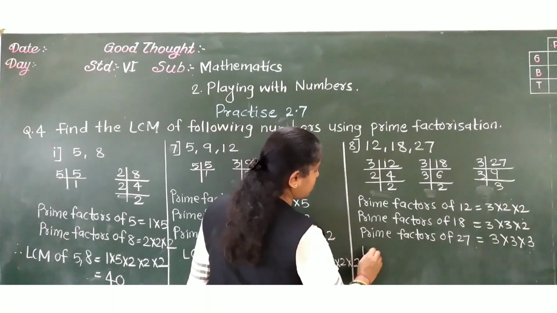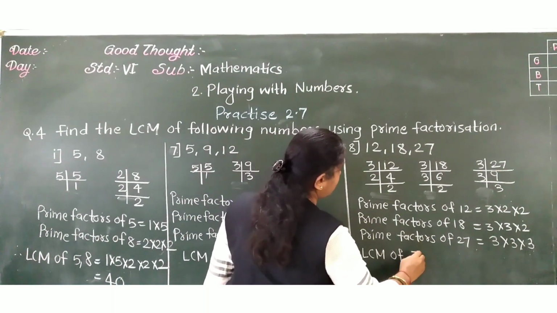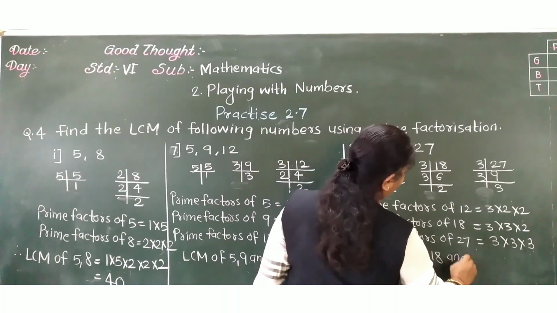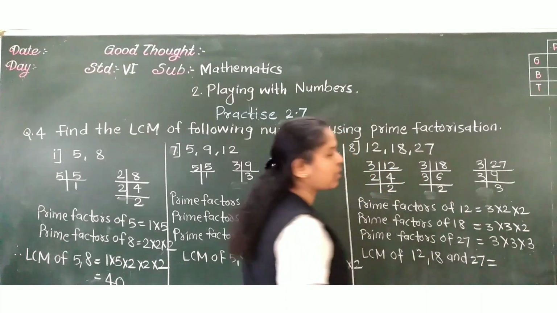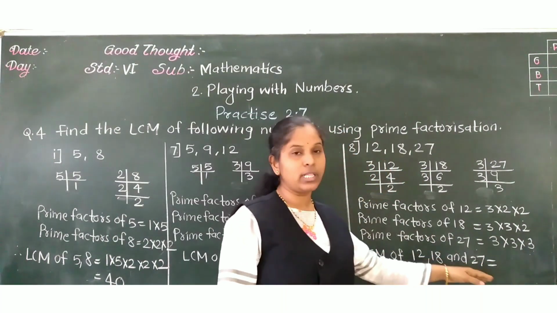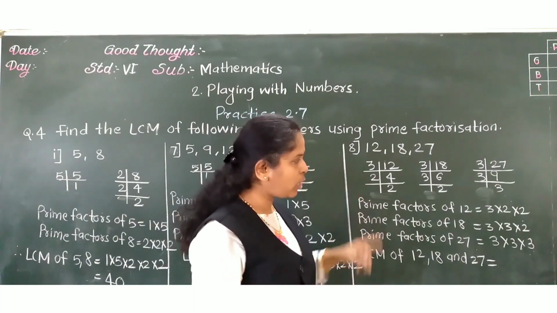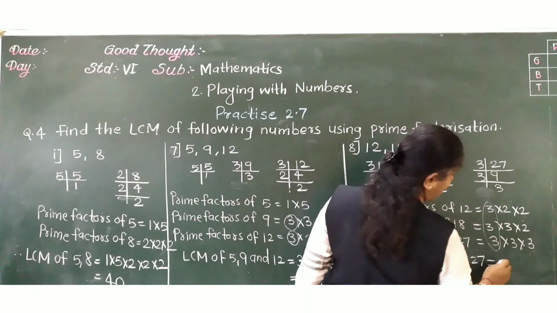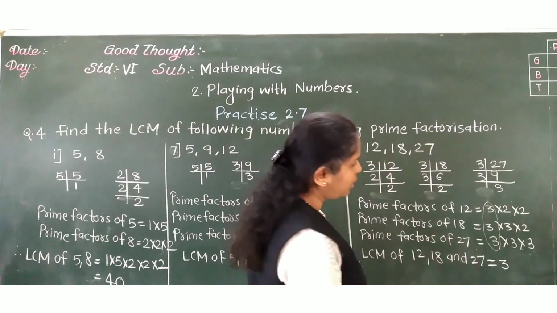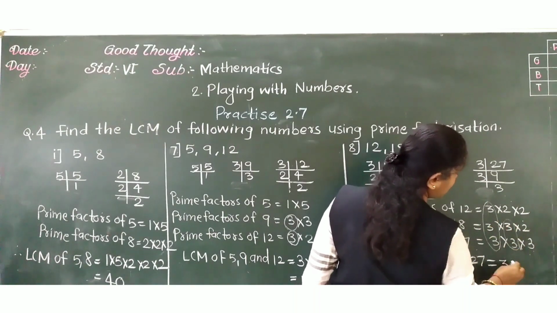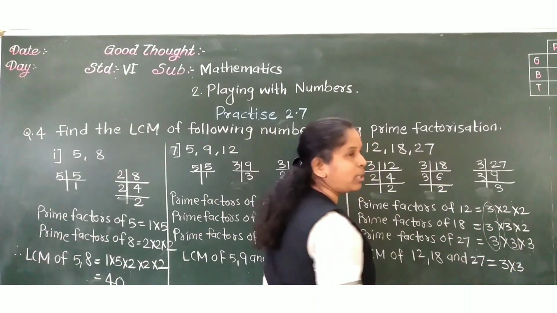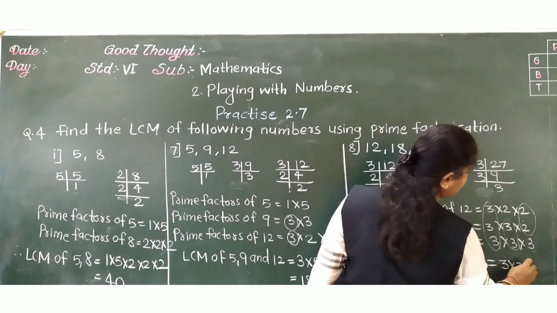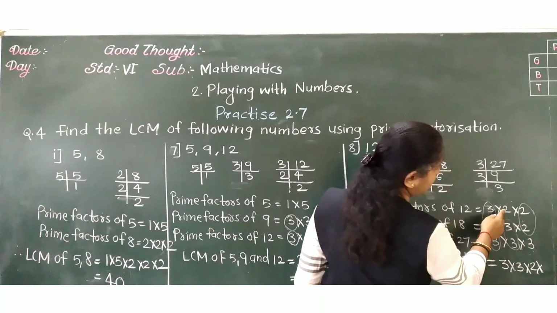Now next is LCM of 12, 18 and 27. While finding out LCM, our first step is to find out the common factors. See, 3 is there in all. So this 3 I have written here. Next, 3 is here in both the numbers. So that also. Whatever is common, we have to write one time only. Then, see, 2 is here also, here also. Into 2. Into, see, 2 into 3.